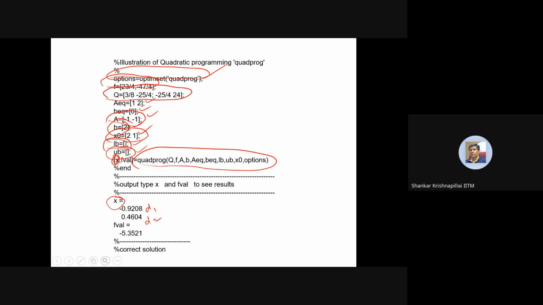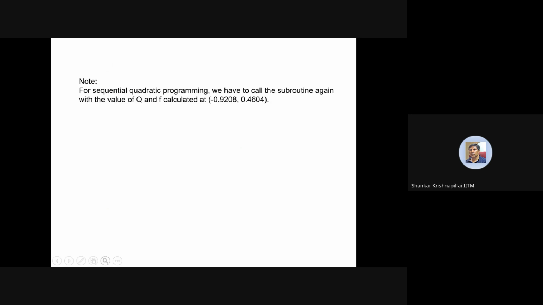Okay, so this is only one iteration of the quadratic programming. So the next iteration will start with these values of D1, D2.